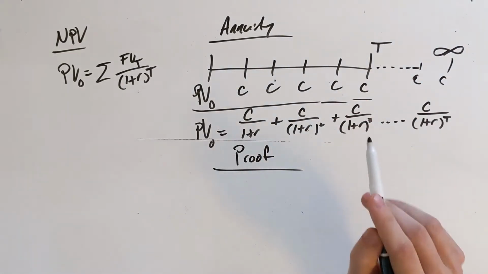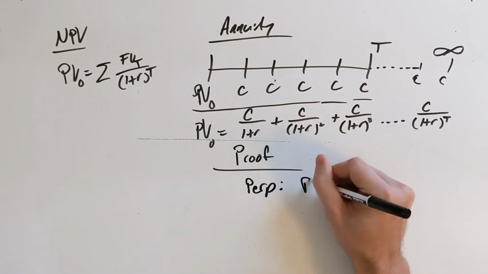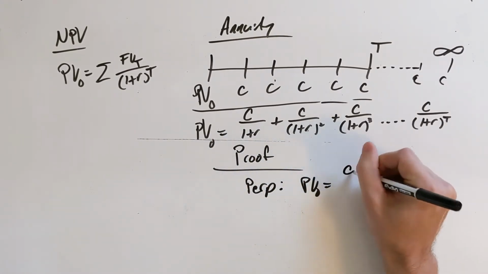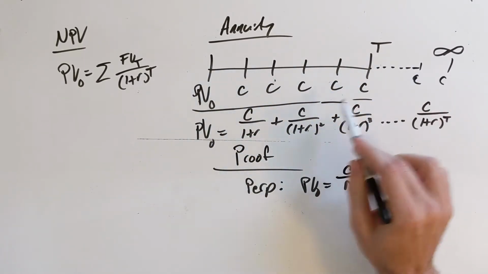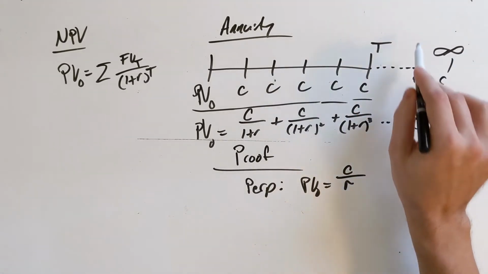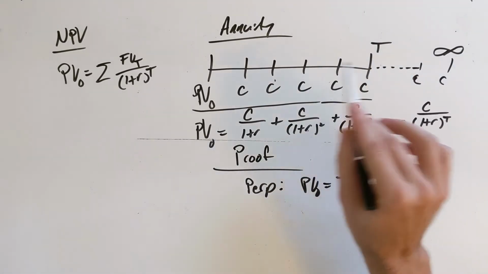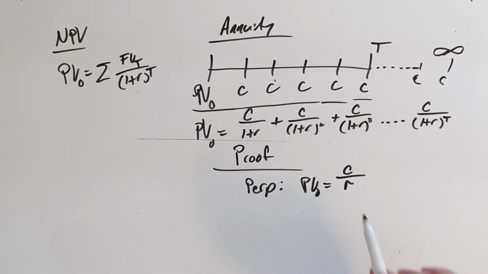We know that a perpetuity's present value is equal to C over R. So we know how to value these cash flows if they go on forever. What if we can just chop off this second piece of value? What's left over has to be the value that comes from the annuity.